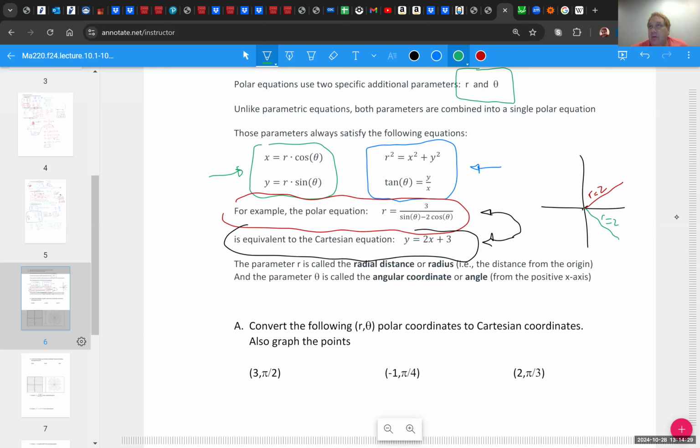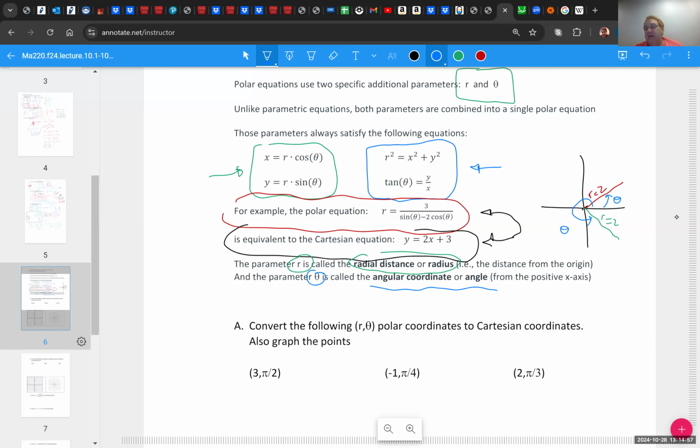The other variable is going to be called theta. So r is your radial distance or radius, and theta is the angular coordinate or the angle. And that tells you how far you go around. Just like in normal trigonometry, we always start measuring the angle from the positive x-axis. So this would be theta here, or this would be theta here, right?